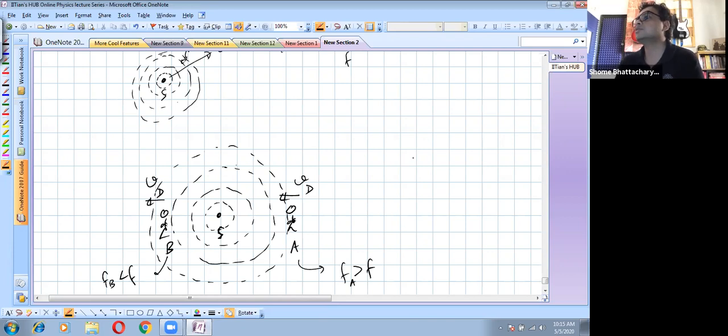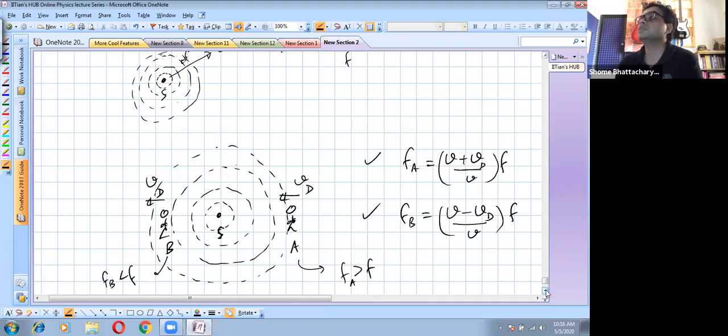So the frequency for this guy will become V plus Vd, the velocity of the detector, divided by V, into F. Whereas the frequency for the person having a separation velocity of Vd will become V minus Vd upon V times F.